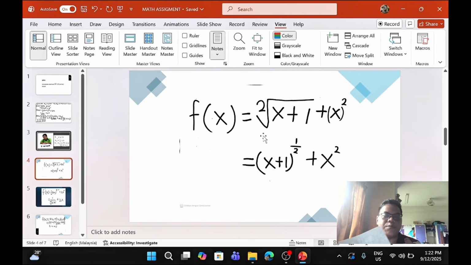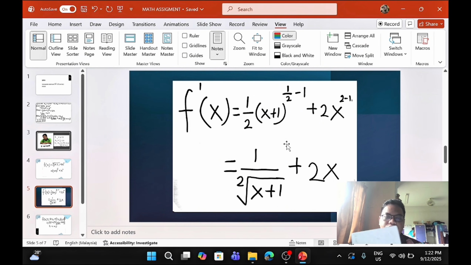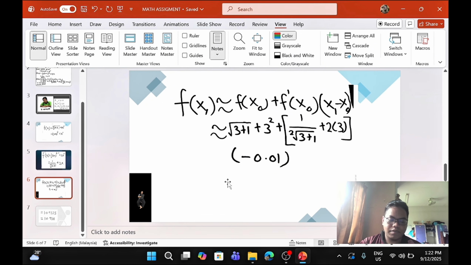After that, we use the formula f(x) equals square root of x plus 1 plus x squared, which is x plus 1 to the power of 1 half plus x squared. After that, we use that formula to differentiate. Next, we put the numbers into the formula.